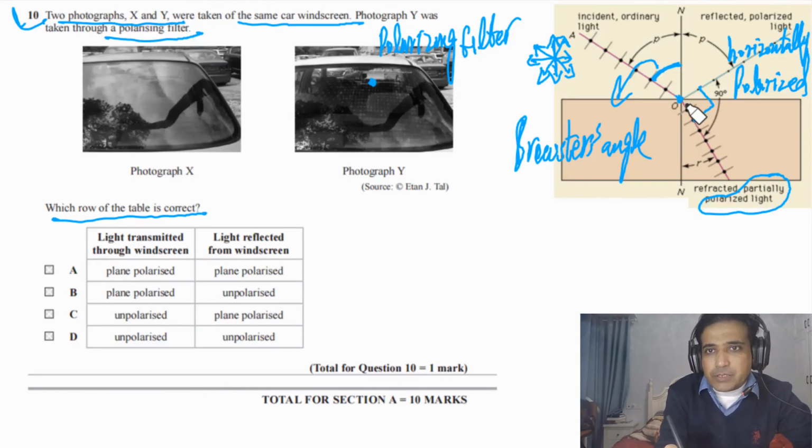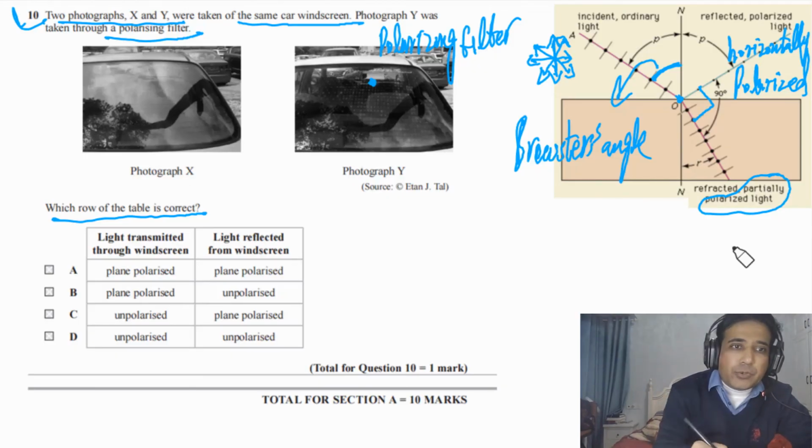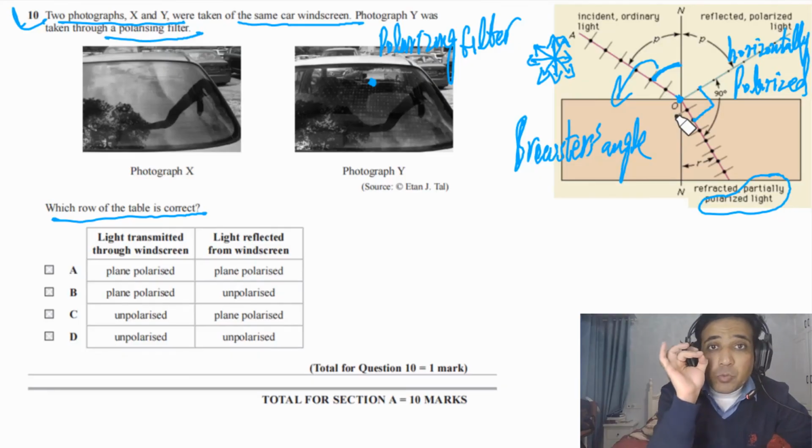Now if you look at the given options, I hope you can find the light transmitted through the windscreen. This light is partially polarized, or simply you can say it is close to unpolarized light, because it is oscillating in more than one direction.